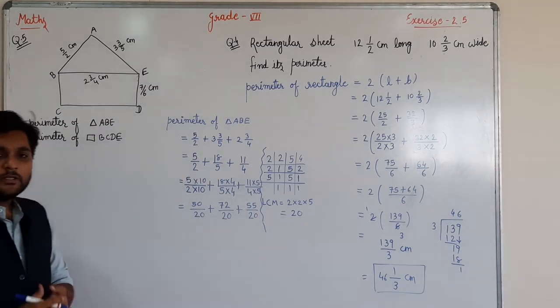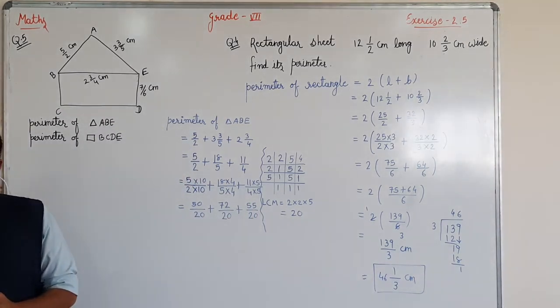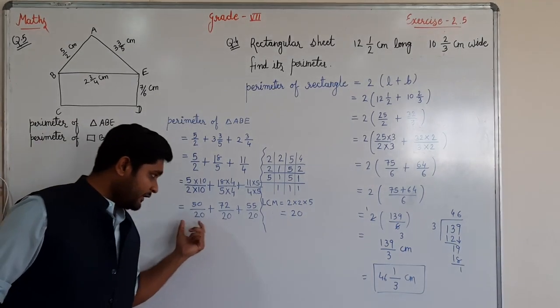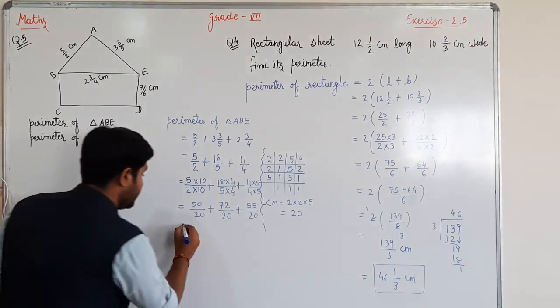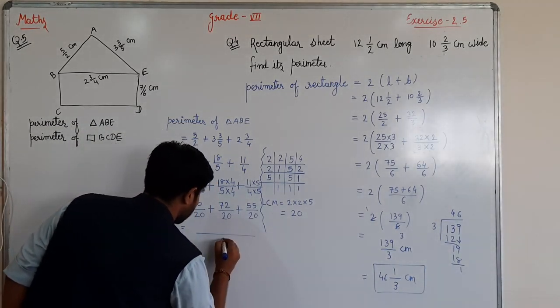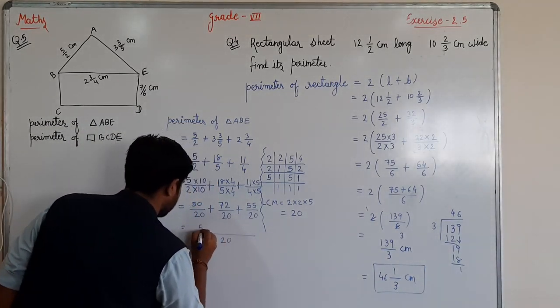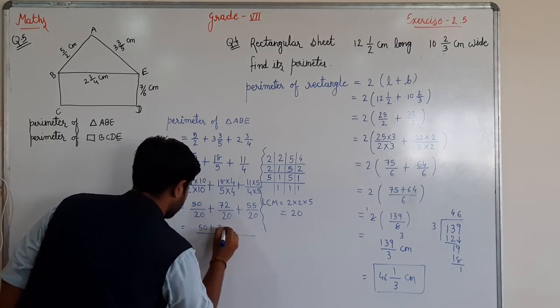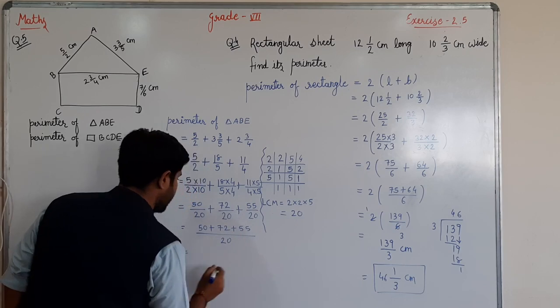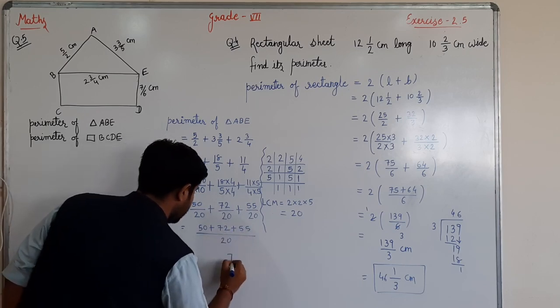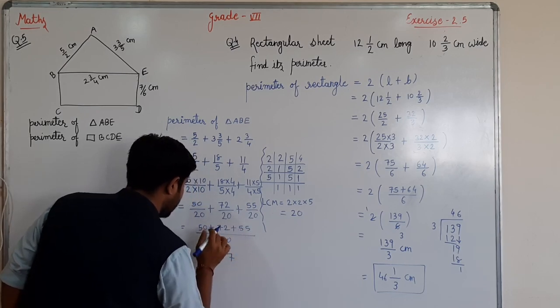Now friends, all the denominators are the same, so simply take the denominator as common and add the numerators. Here 5 plus 2 is 7, and 5 plus 5 is 10, 10 plus 7 is 17.